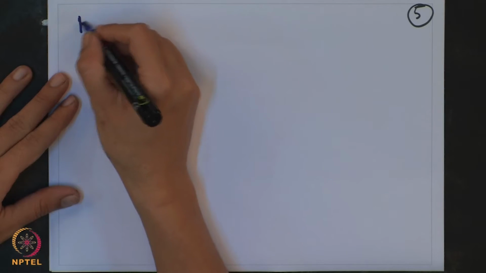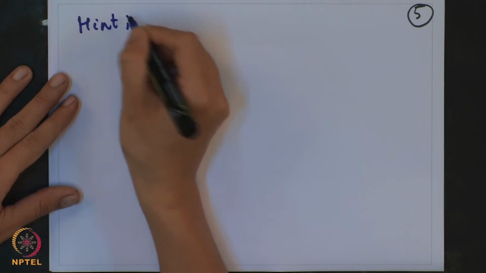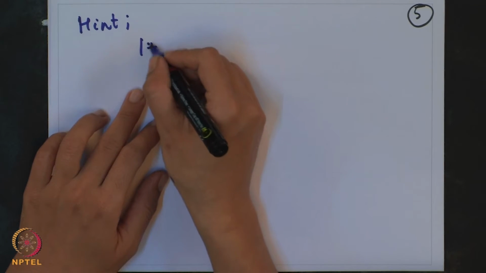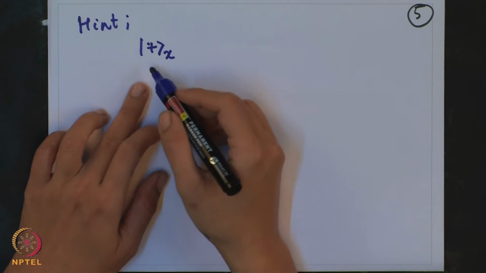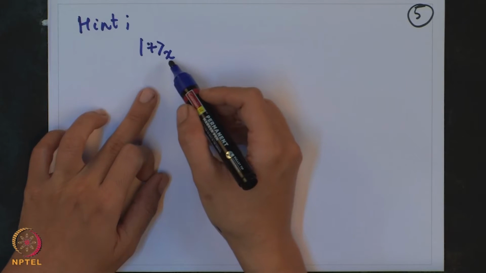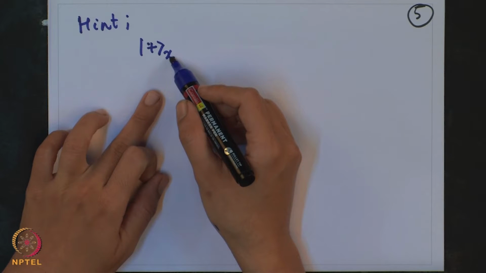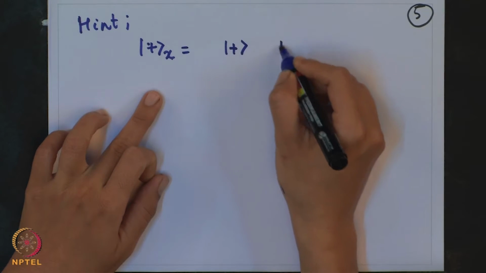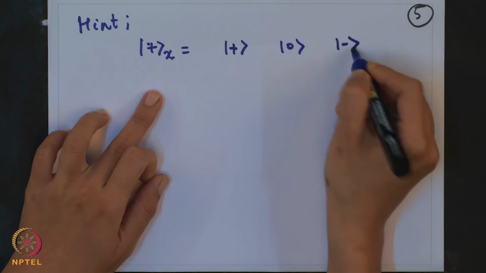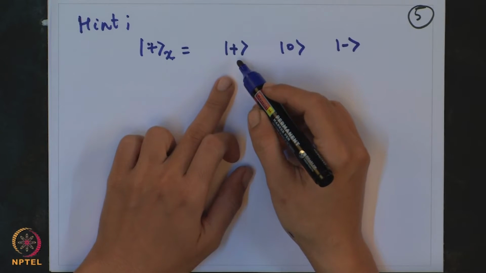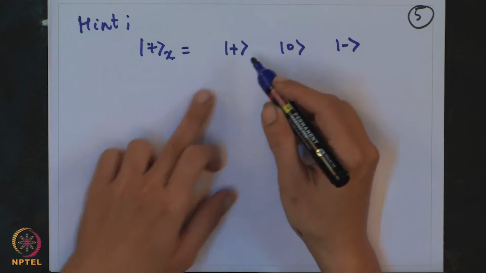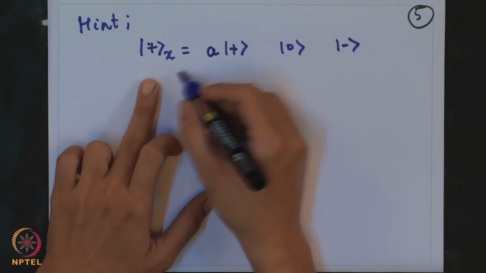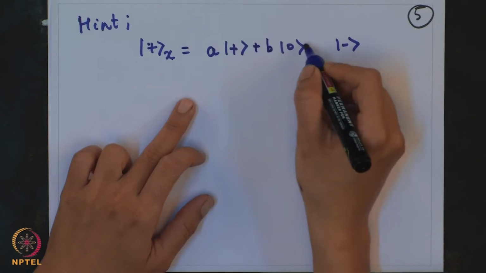So that we can write the normalized eigenket of Lx in the Lz basis, I can give you a hint. If you want to calculate the ket plus in the x basis in terms of kets plus, 0 and minus, which are the eigenbasis of Lz, let us write a linear combination of these.